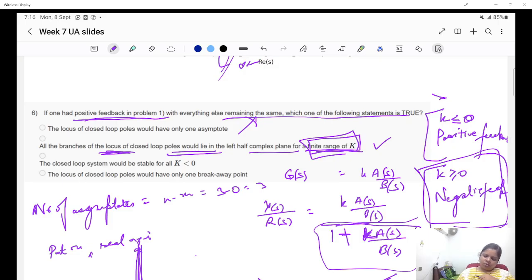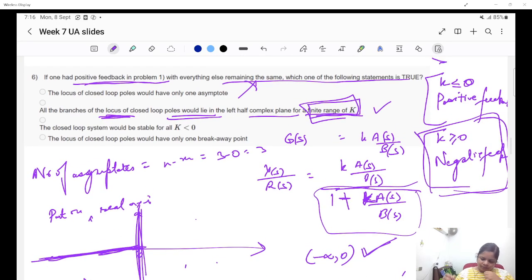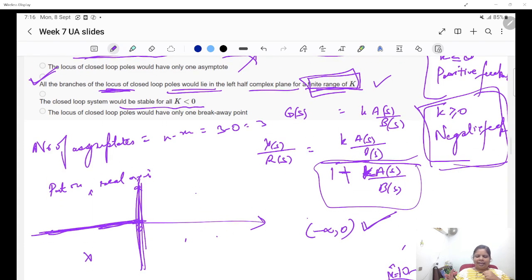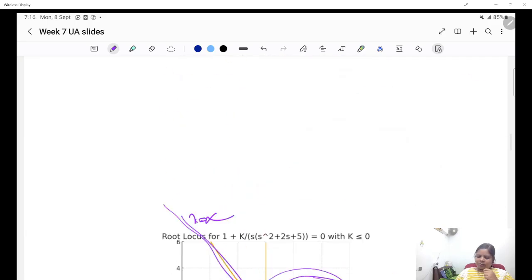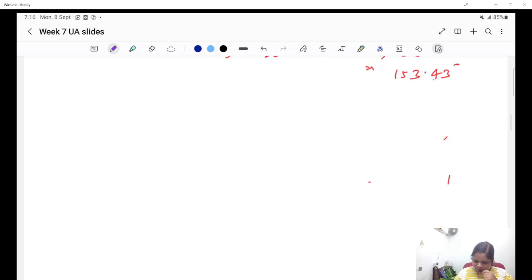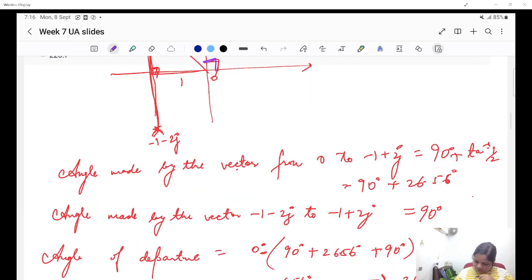That's true. Okay. Third option is the closed loop system would be stable for k less than 0, which is not true because we want to have k to be greater than 10. And the fourth option is the locus of the closed loop poles will have one breakaway point. Now this breakaway point would follow the same analysis, right? The one which we used earlier.